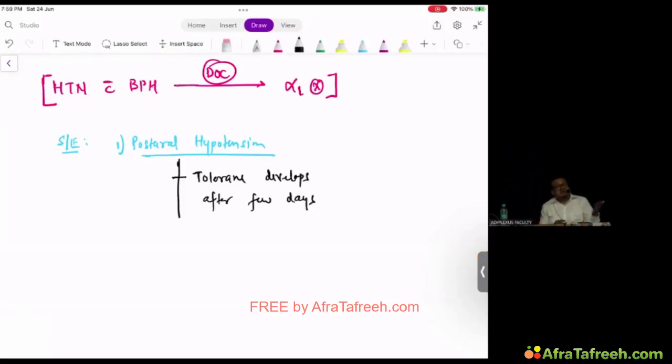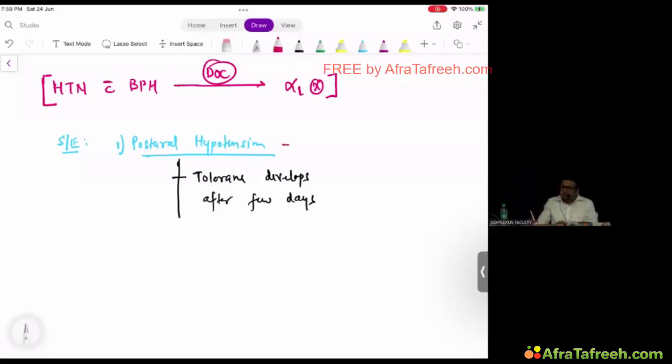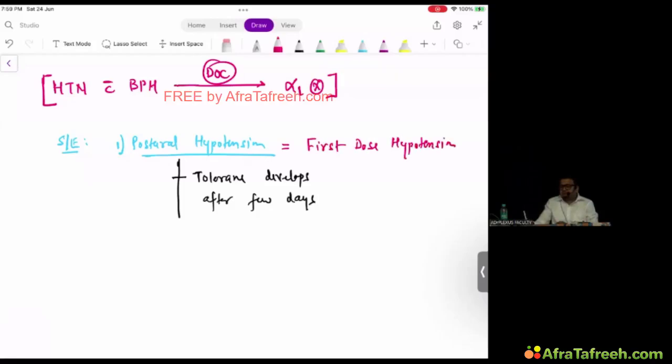Like tolerance develops to effect, tolerance also develops to side effects. So this postural hypotension will be seen initially when you start the dosing. So what kind of effect is this called? First dose hypotension. Maximum seen with prazosin.